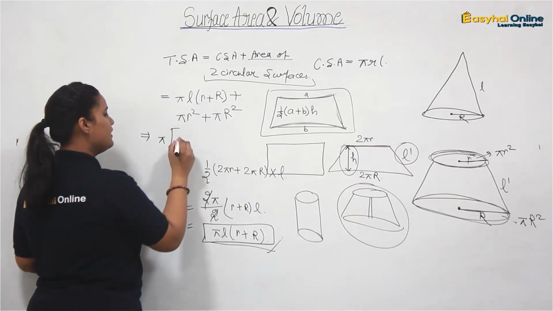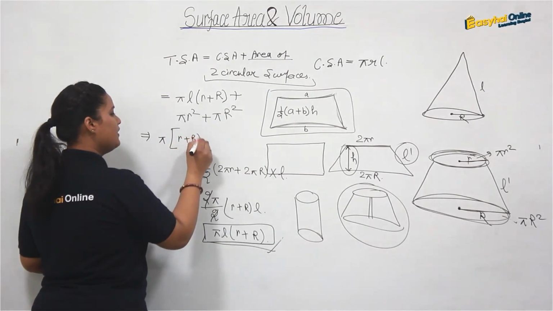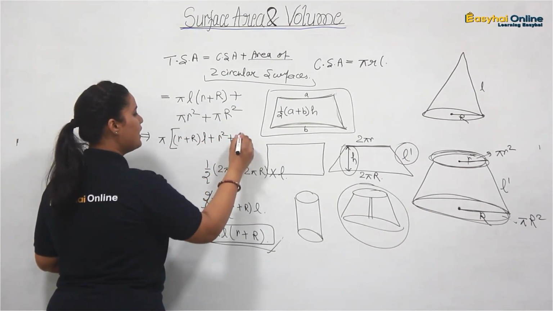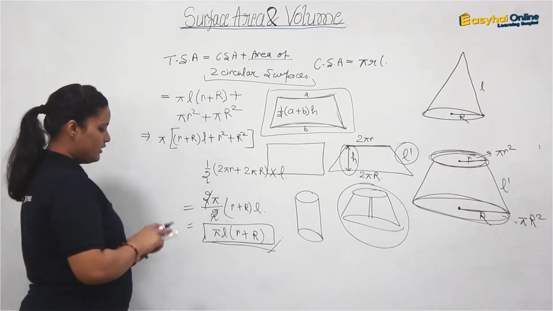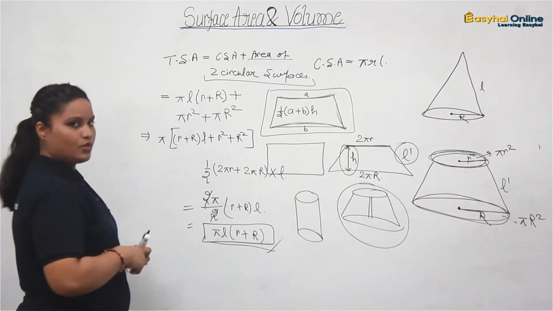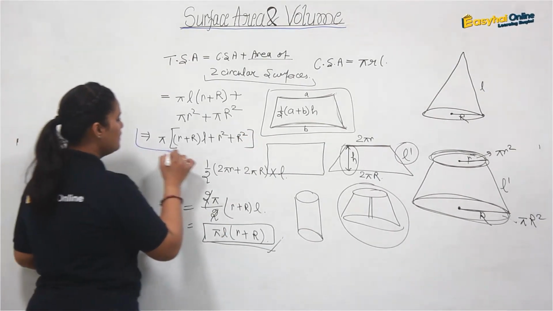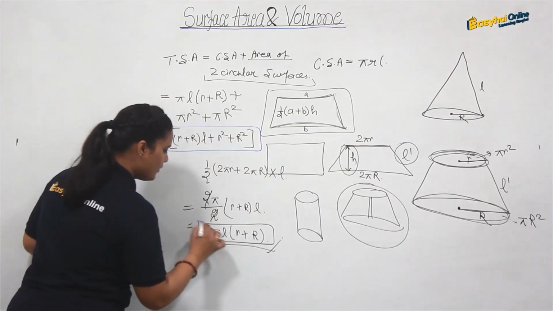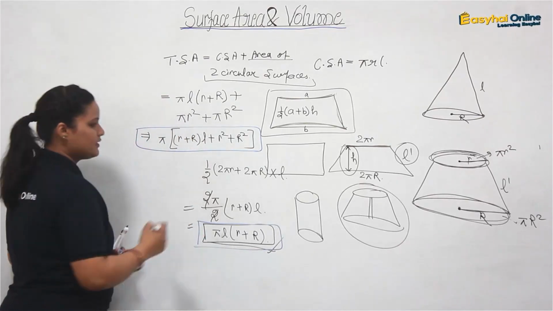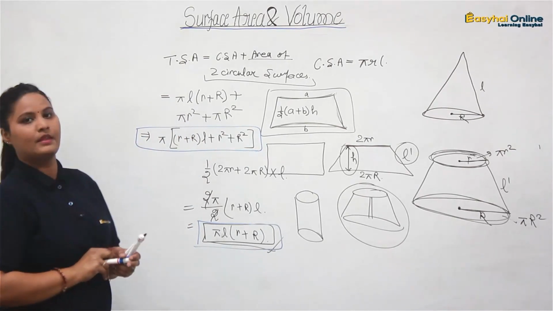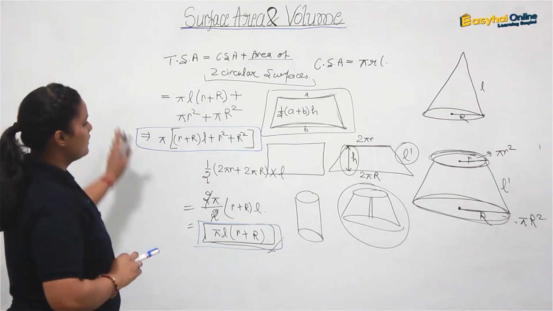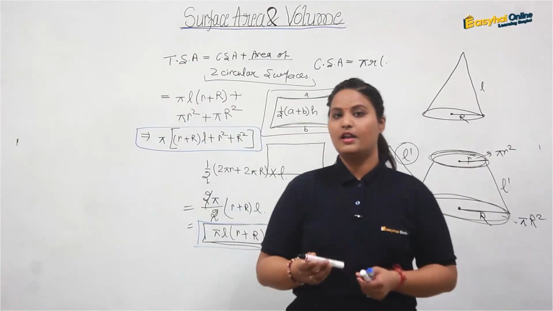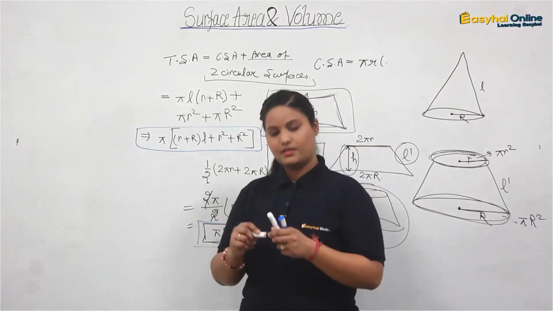It will be pi [(r plus R) L plus r square plus R square]. So here, this is my total surface area of the frustum of a cone, and this is the curved surface area of the frustum of a cone. Clear? So, this is how we can derive the formula for the frustum of a cone.